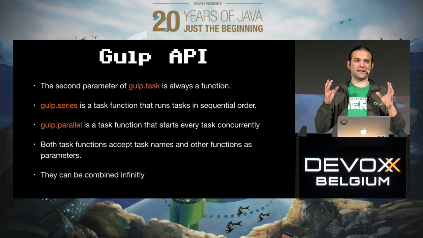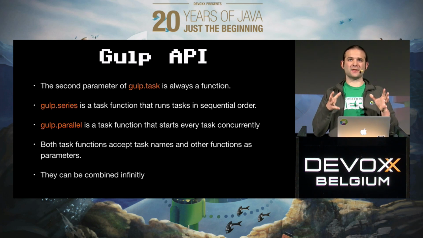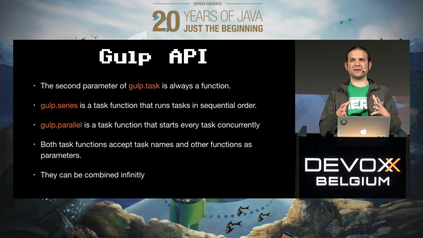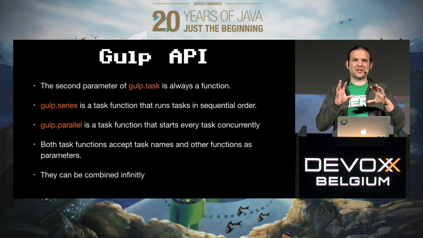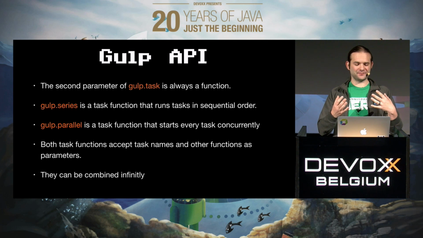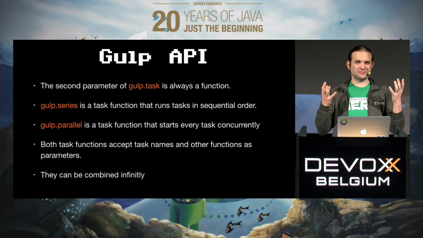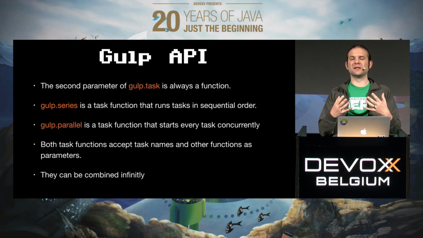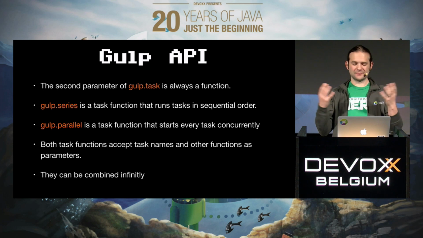So you can combine an endless amount of functions that you want to execute there. Even if you're into that, you could write the whole setup that I did just in anonymous functions that are added in some sort of Gulp series, Gulp parallel execution chain. You can combine it infinitely. So if you have certain execution chains that require you to do lots of stuff, feel free to do it with these possibilities.